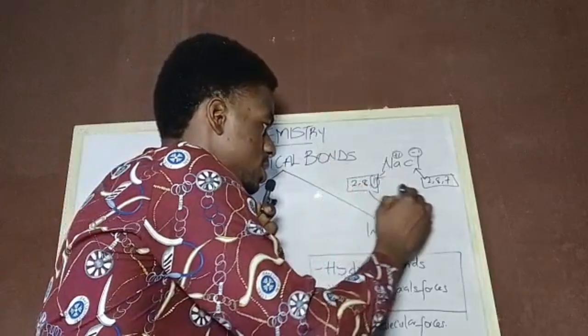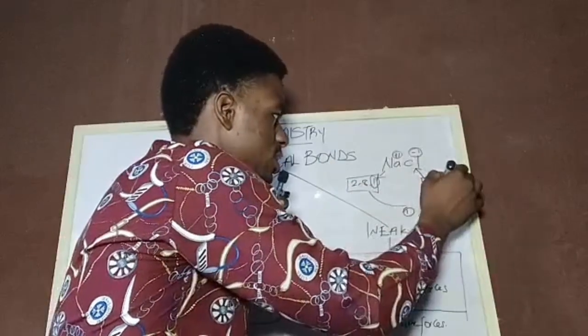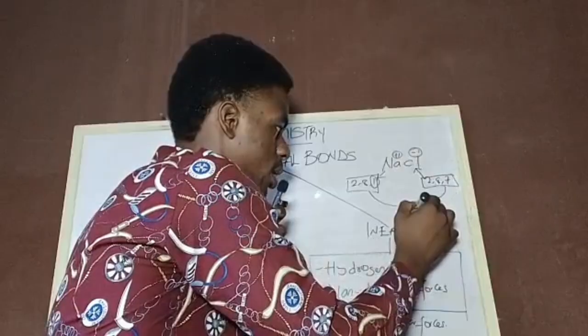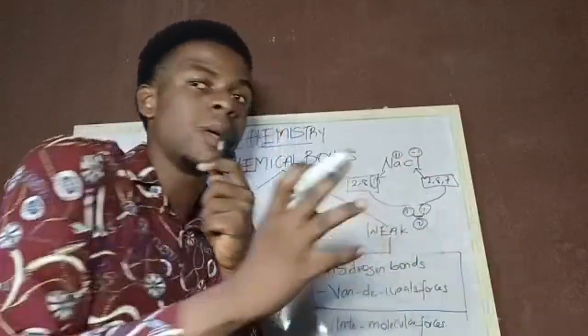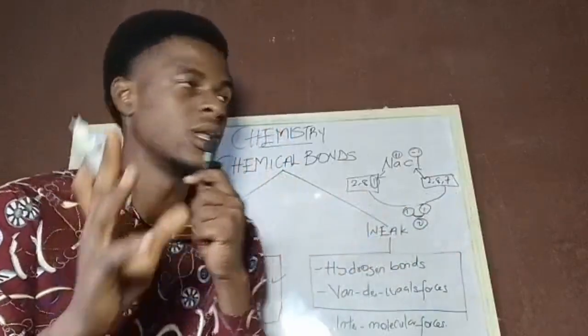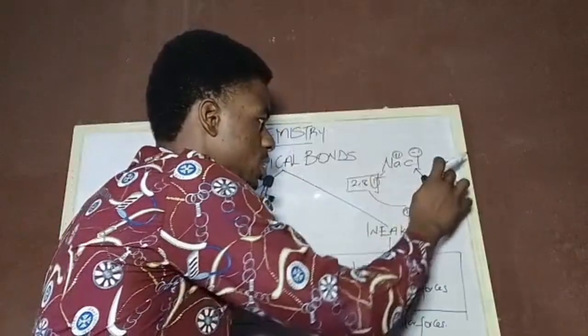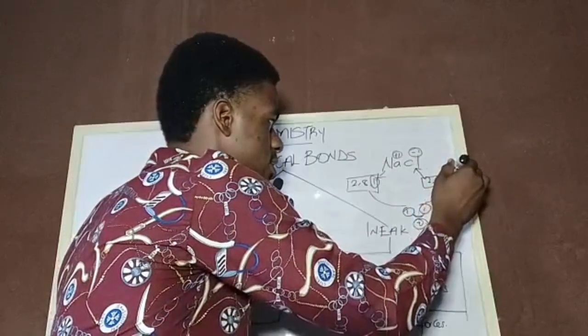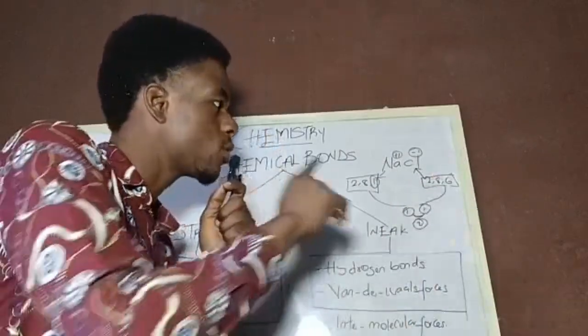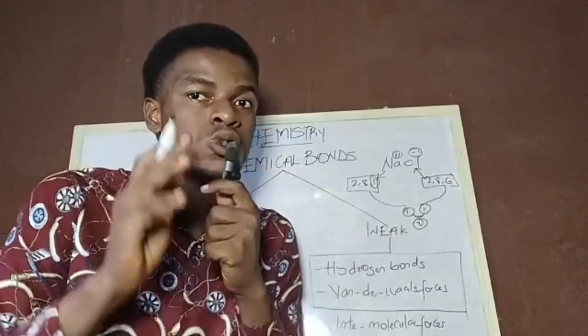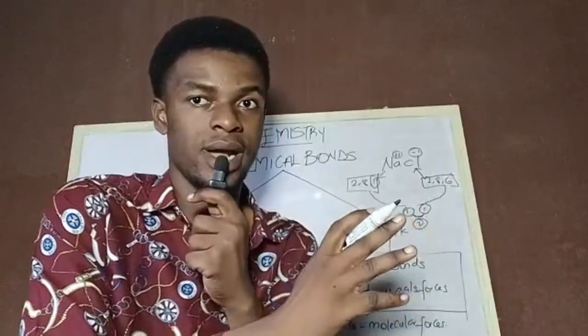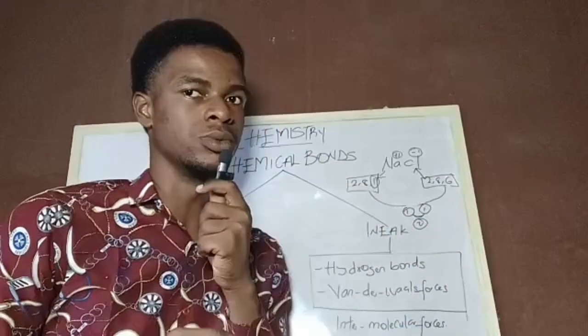If sodium donates that one, and chlorine decides to donate one, there are two electrons that this particular compound has donated. If chlorine donates one, it becomes 2, 8, 6. Because sodium has donated one, sodium has become stable, right? But chlorine is not stable.